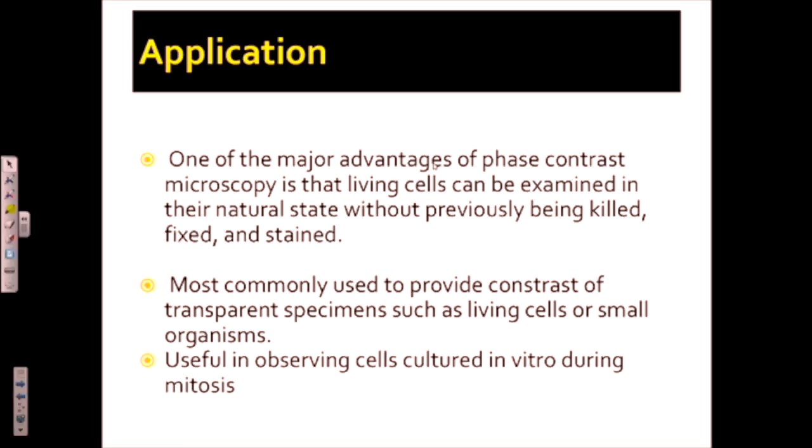You can see each cell in the worm with phase contrast. You can see all the eggs, you can see the pharynx. It's very beautiful, just a very simple and inexpensive way to view your sample. And of course, it's useful in observing cells cultured in vitro during mitosis, so you can see the cell motility and everything with this scope.